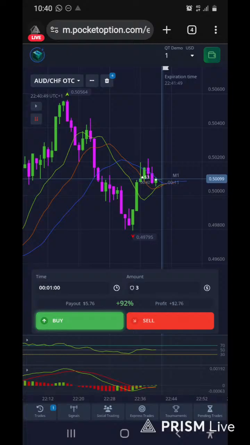I bought 1 minute because I know the movement will not be much to continue going down. But because of the confluence of all the indicators together showing a signal higher, that's why I entered the trade. Showing that there's a move upwards, but probably just 1 candle or 2.